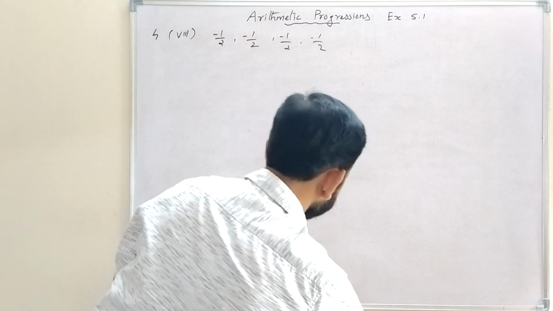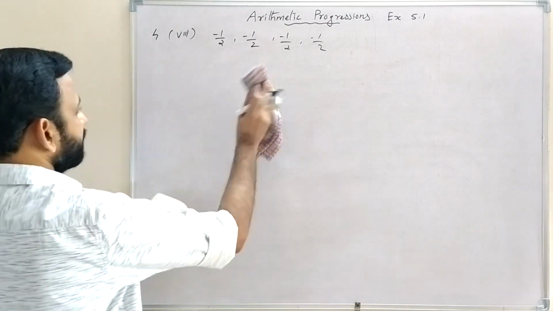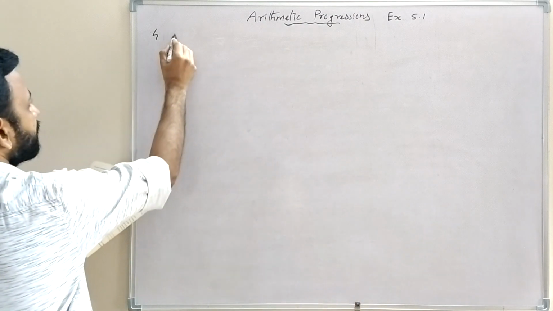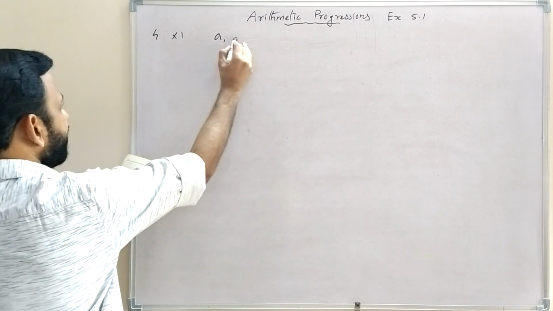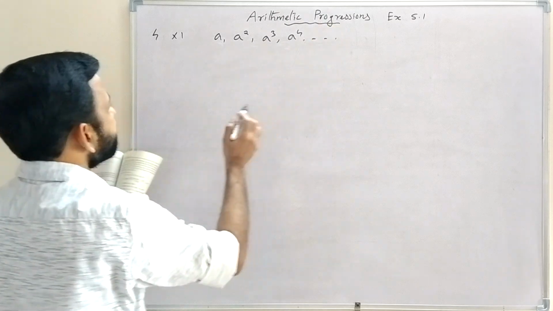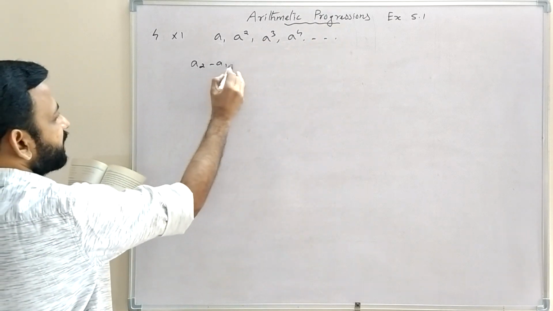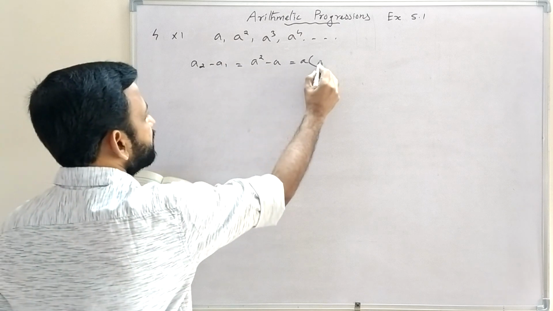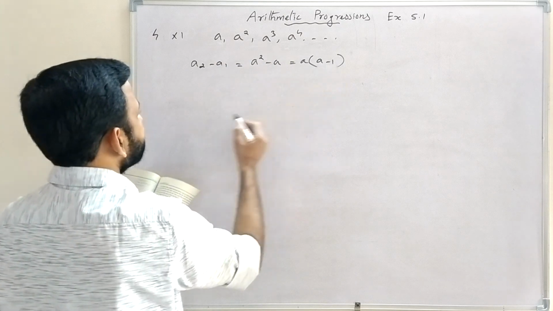Now we will do question number 11, 11th part. So here A square, A cube, A raised to 4, etc. A2 minus A1, that is A square minus A. We can take A outside, then A minus 1.